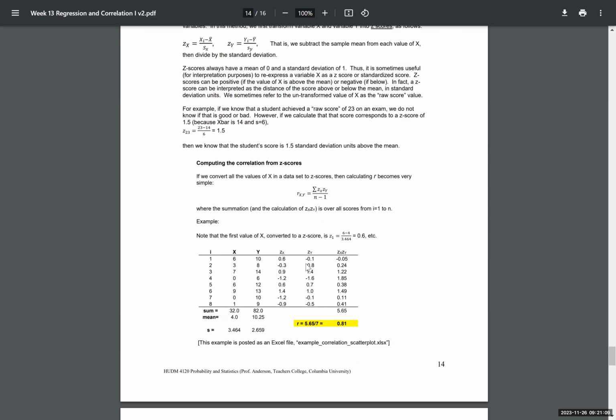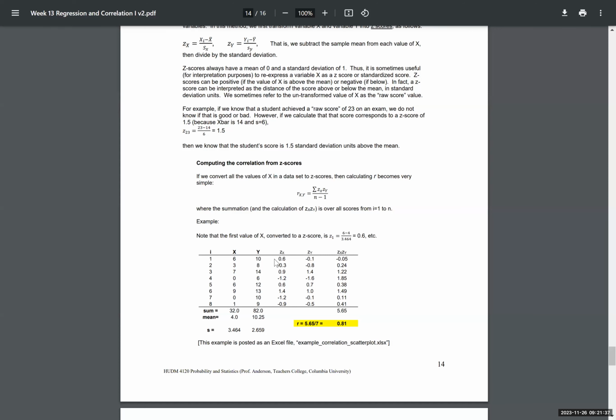So if I calculate z-scores of x and y, I take their products, sum them up, I get the 5.65 there. And then all I need to do there is divide by n-1. So I would do 5.65, divide it by 7, equals 0.81. So actually z-scoring is also pretty easy.